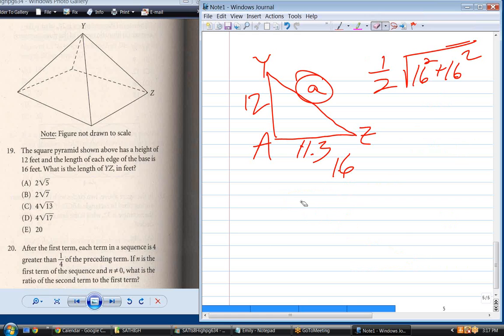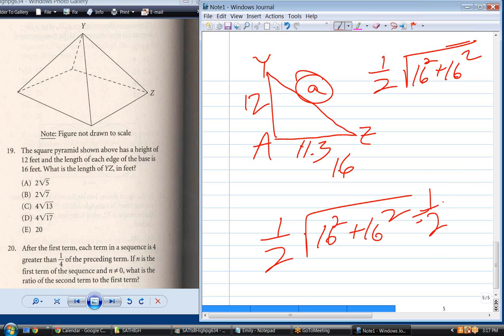Okay. So let's figure out if there's a way to do that so we don't convert to decimal. Well, notice this right here. I can factor out a 16 from that, meaning I can take a 4 outside the square root sign. In other words, 1/2 the square root of 16 squared plus 16 squared is the same as 1/2 the square root of 16 times 16 plus 16.